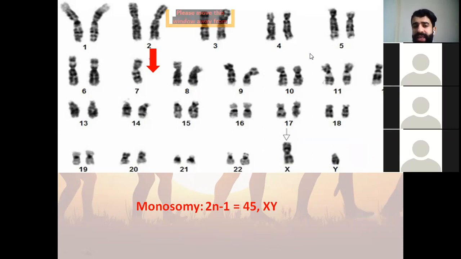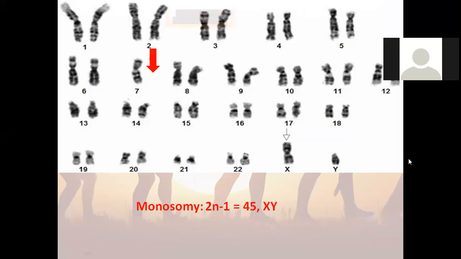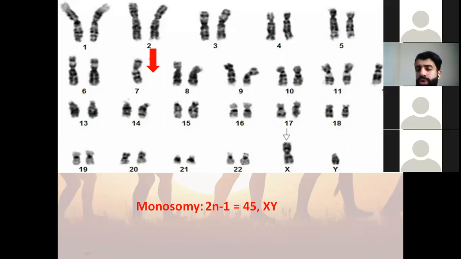And this abnormality is affecting the chromosome pair number 7. So is it an autosomal or gonosomal abnormality? What do you think, Fatima Hamza? Affecting the autosomes or the gonosomes? Yes? Fatima says the microphone is not working.